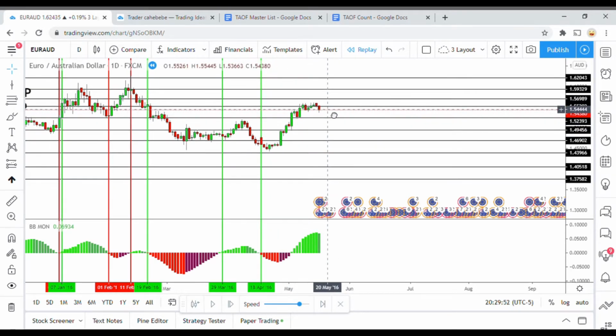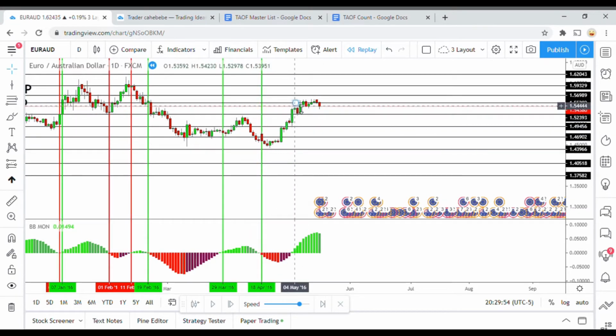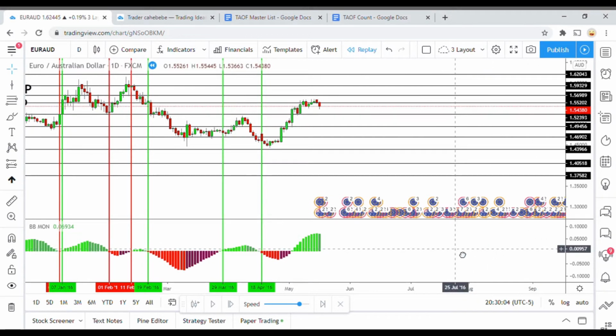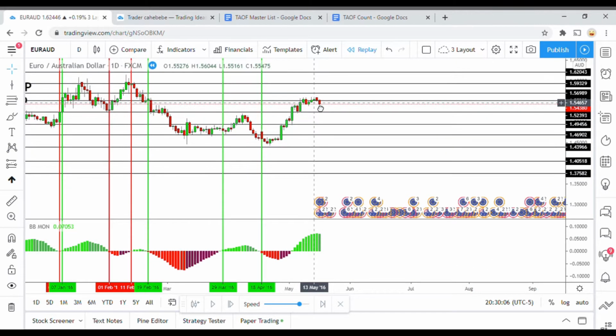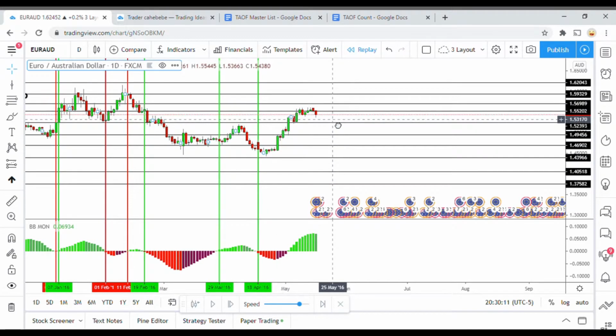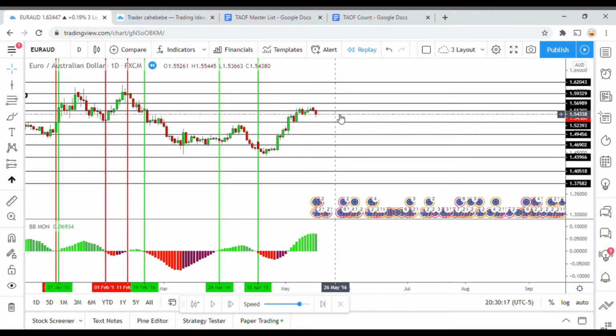You can see that it's starting to kind of roll over the top at this point, and it is starting to lose its momentum according to the BB monitor here. And so this is a little premature in this move right here because it hasn't had a real strong move, but enough of a move that it could roll over and start to go down.